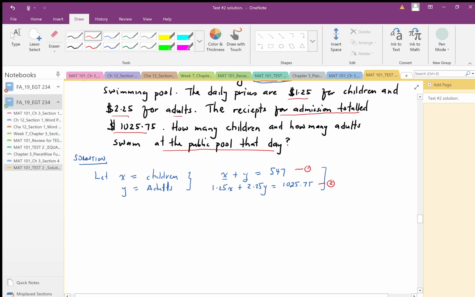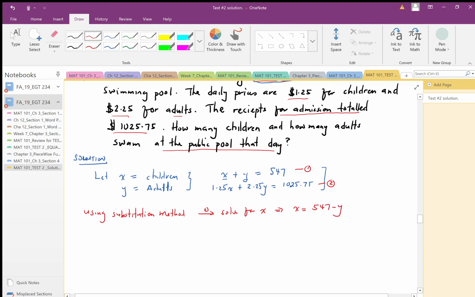Using the substitution method, we can take equation 1 and solve for x. What you're going to get is x equals 547 minus y.